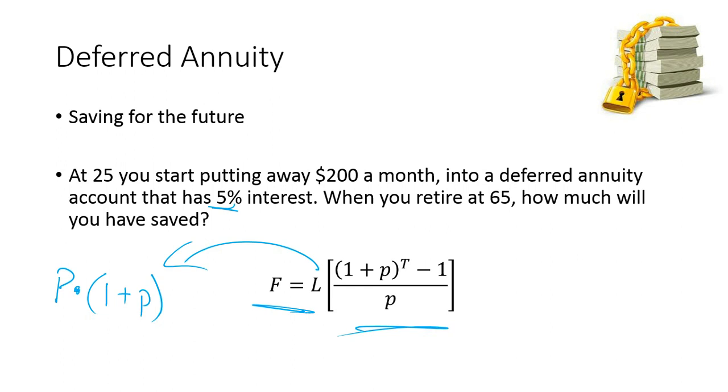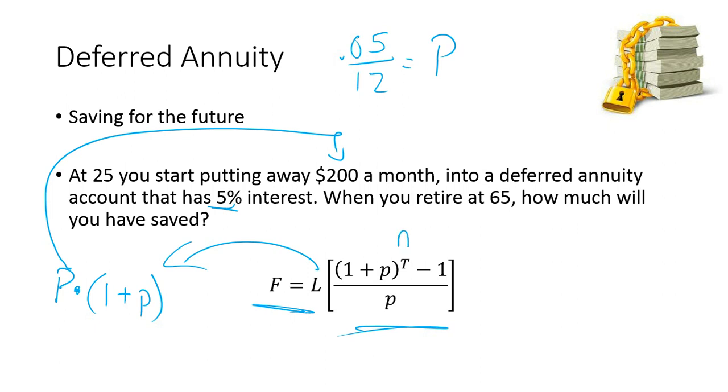Remember, this 5% is like the APY, so you're going to take 0.05 and divide it by 12, and that's going to be your P. Then the principal is the 200, how much you're adding each month. And you're going to do it for T, which is the number of years times 12. So this would be 40 times 12.